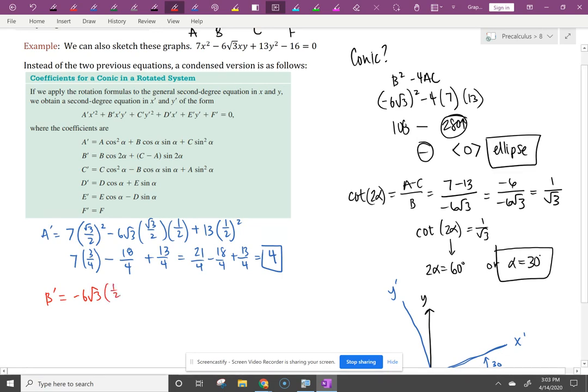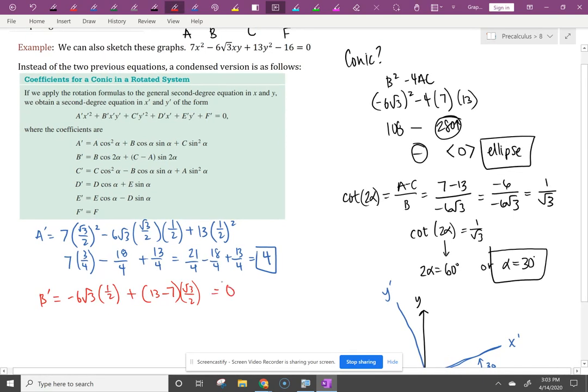Times a half, right? Plus C minus A. C is 13 minus A, which is 7, times the sine of the double angle, which is root 3 over 2. And you might notice that that is 6 root 3 over 2 plus 6 root 3 over 2. And that does equal 0. So at least I know. Good news. My angle of rotation is correct.